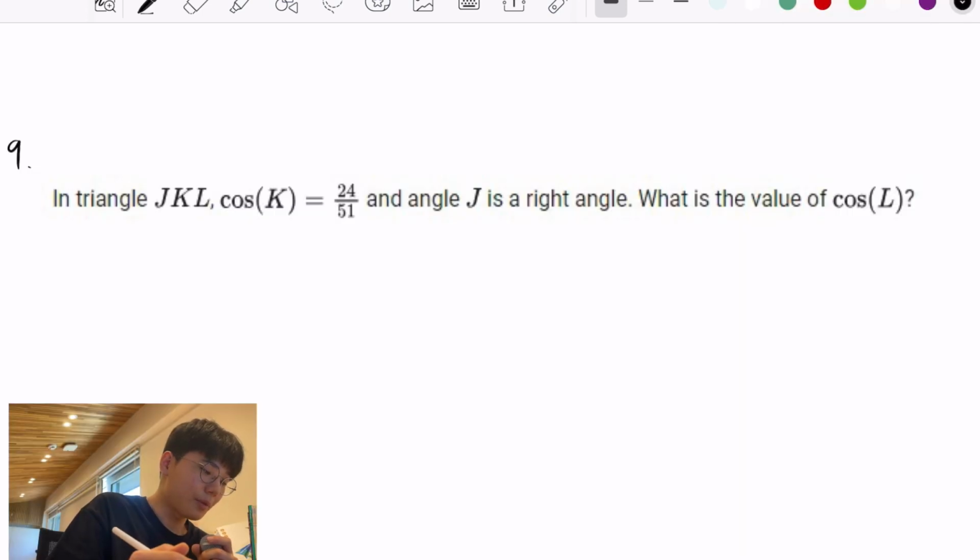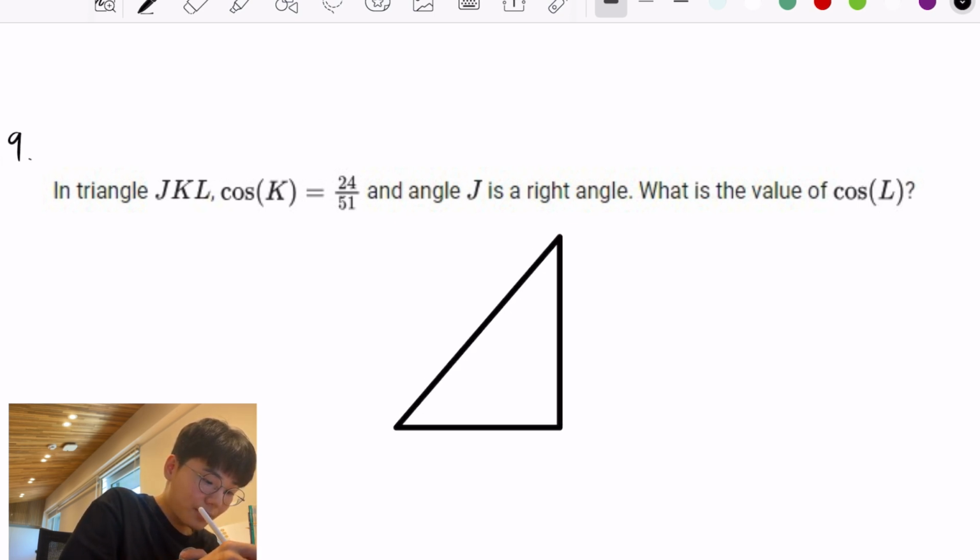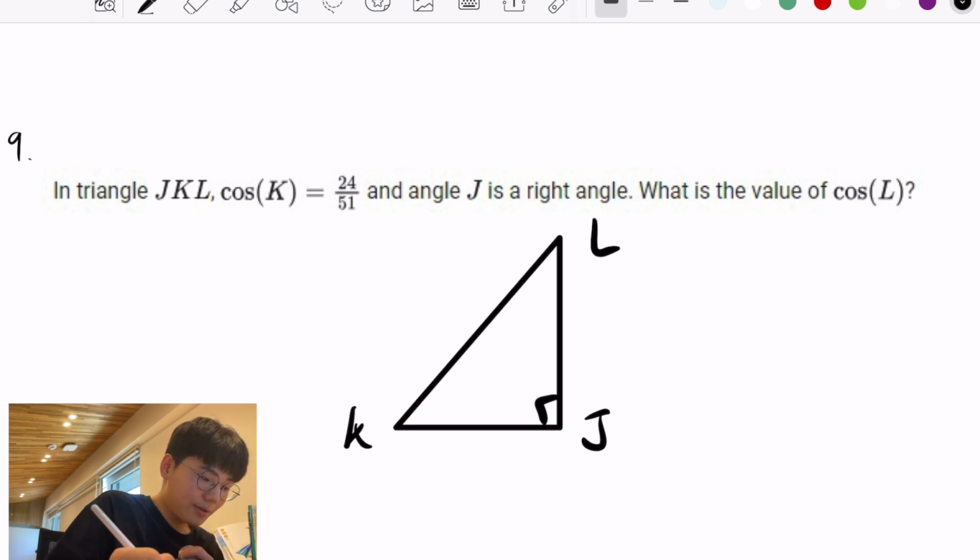Last problem from Module 1, we're looking at number 19. Okay, triangle JKL, cosine K is that, and angle J is a right angle. So we can just draw the triangle here, with J being the right angle and K, L here. Cosine K is 24 divided by 51. What does this mean? It means that the hypotenuse of this right triangle would be 51 times something.